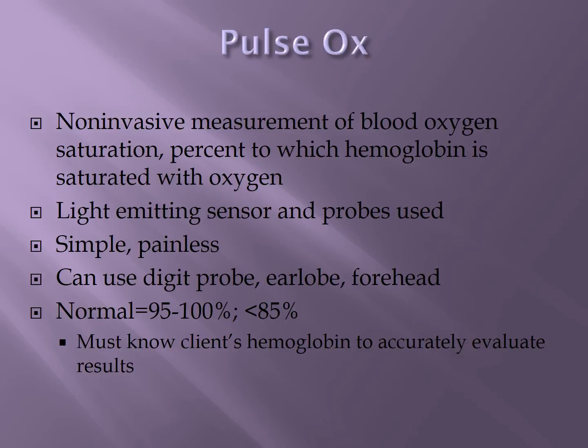95 to 100%, great, less than 85%, we are severely concerned. And as I mentioned earlier, we do really need to know what that patient's hemoglobin is to effectively evaluate what the results mean.